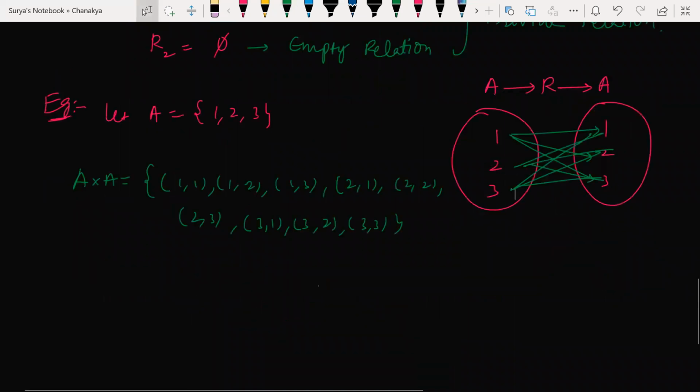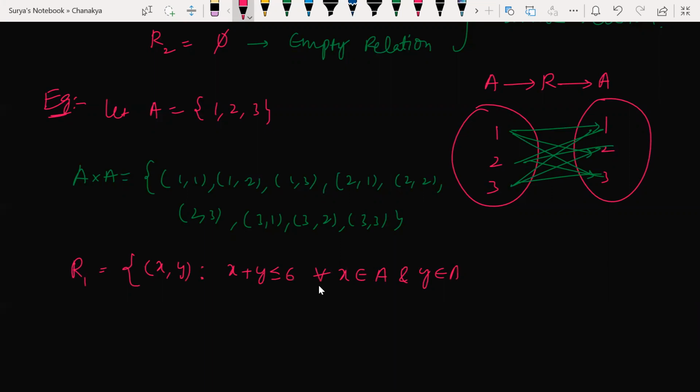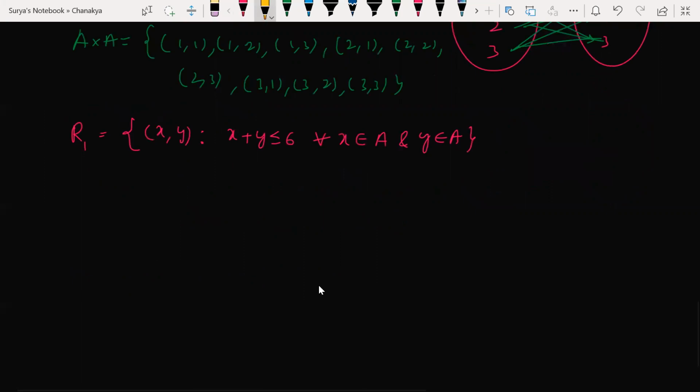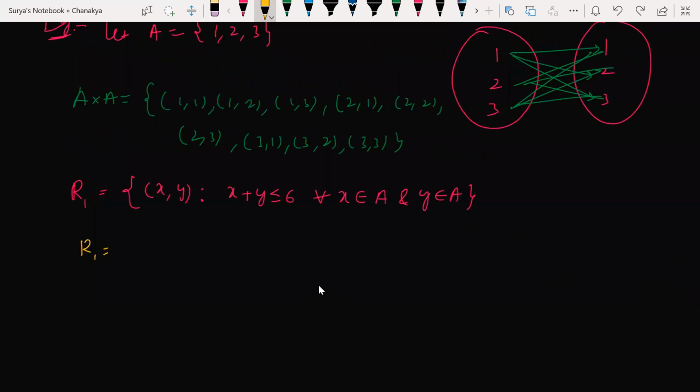Okay, now I'll give a relation. Let's say R1, which is (X, Y) such that X plus Y is less than or equal to 6, for all X belonging to A and Y belonging to A only. Why? Because we are writing a relation from A to A. Now write the ordered pairs of this set builder form. X plus Y less than or equal to 6: 1, 1.